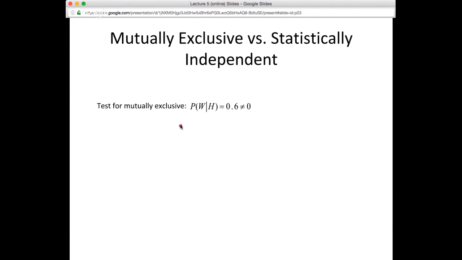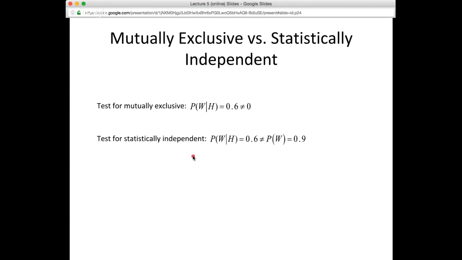For the test for mutual exclusivity, there are a couple of different ones, but one of them is: if W and H are mutually exclusive, then the probability of W given H would be 0, but in fact we know from the problem statement it's 0.6. So we conclude that W and H are not mutually exclusive.